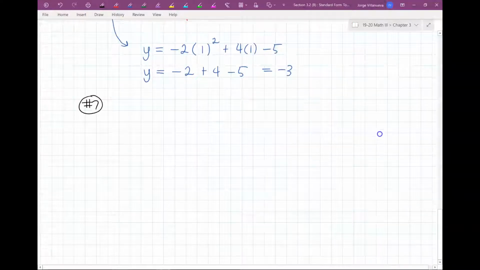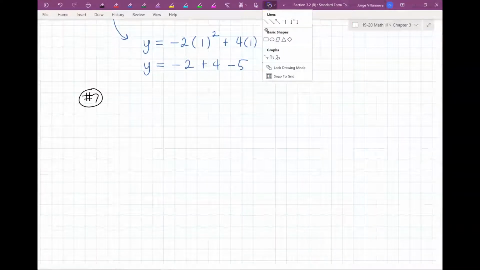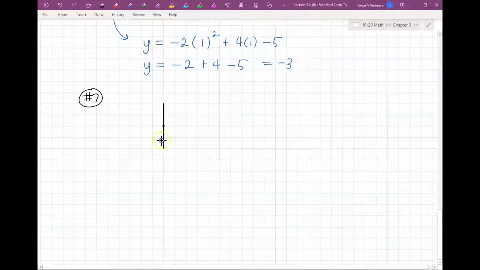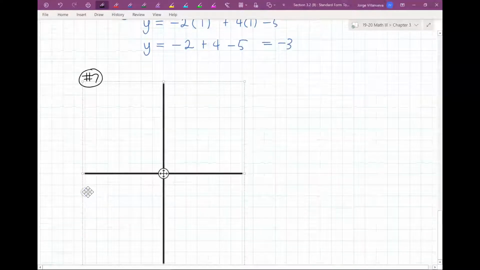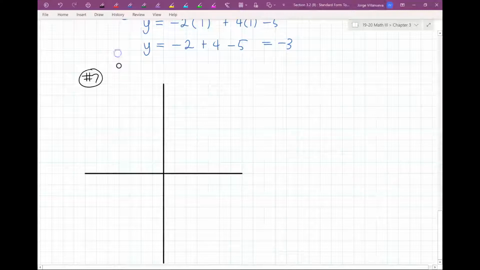I know I need a graph, so let me put one here. I'm not sure if I'm going to make it exactly the same size, but I'll try to at least get the numbers to match up. What is it, by 2s? You go up to 8, so 1, 2, 3, 4, 5, 6, 7.